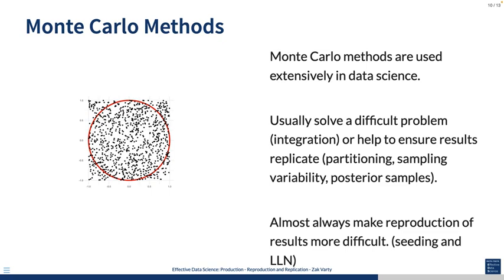So for example, we might be trying to estimate the posterior mean. We could do that by taking a collection of samples from the posterior distribution and calculating their mean. But if we had a different sample from that posterior distribution, how much would we expect that estimate to change by? Sometimes, as in this case, we can appeal to the law of large numbers to help us out.